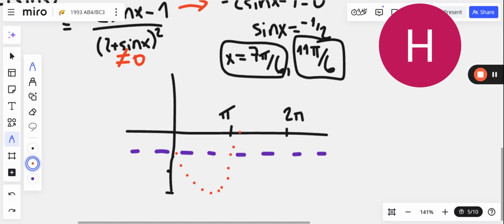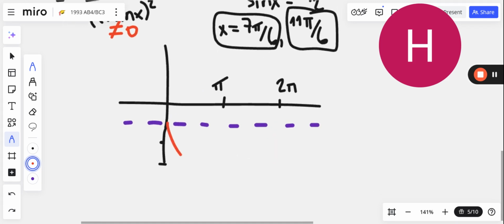The normal sine graph, the positive sine graph, would start by going upwards. But since we have negative 2, it's going down first here.